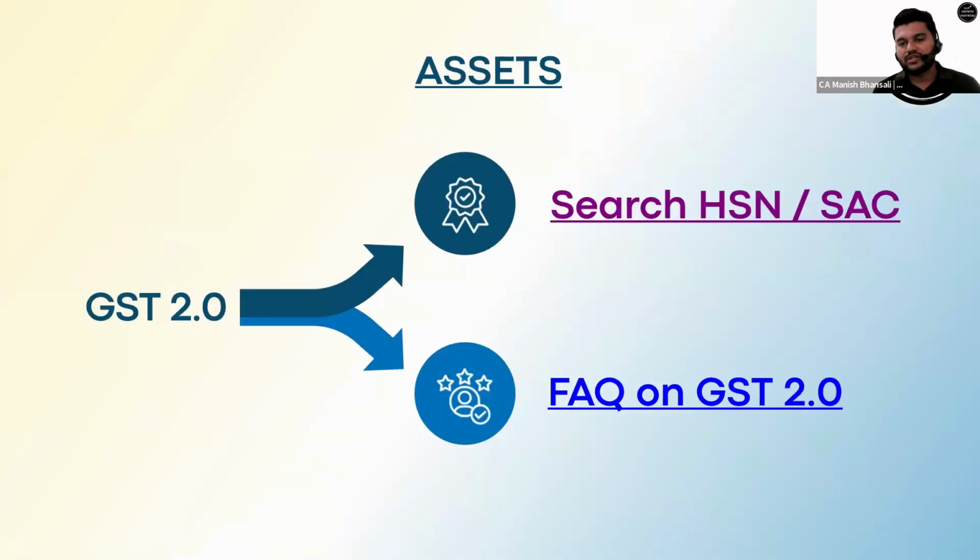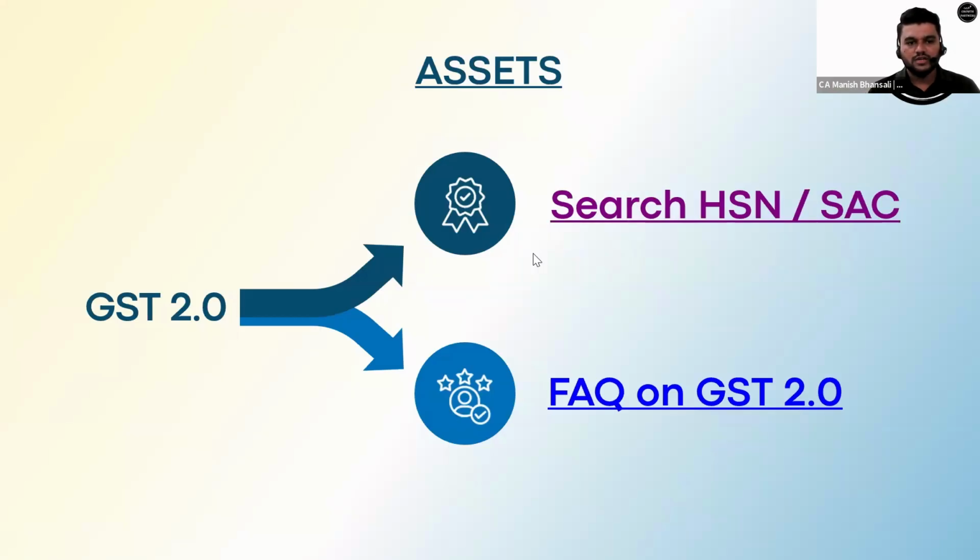Next, talking about the assets which the government has given us. There are two assets I want to show you, which will help us in a smooth transition from 1.0 to 2.0. The first one has been in existence for a long time, but a lot of us and a lot of our clients do not know that it exists. I'll click on this hyperlink and also share it in the chat box later. On the GST website, search HSN code.